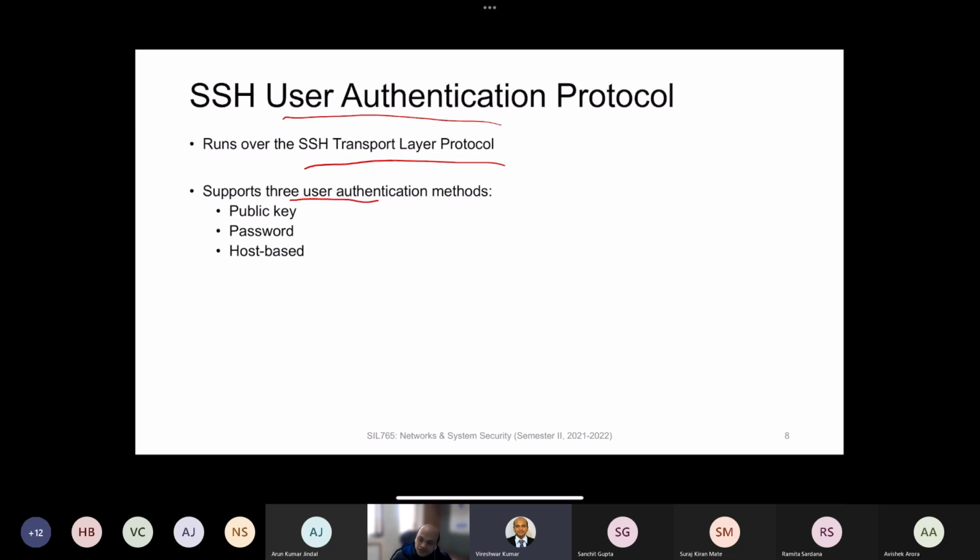So now if you want to do the user authentication or client authentication, there are three ways. One is the public key based. There you share a public key, and then your public key will be verified by the server. Then password based or secret key based, which means that there is a secret key that the server knows, and the next time you utilize that secret key, the server will be able to verify that. And then host based, which means it is not just the client, let's say, the web browser based authentication.